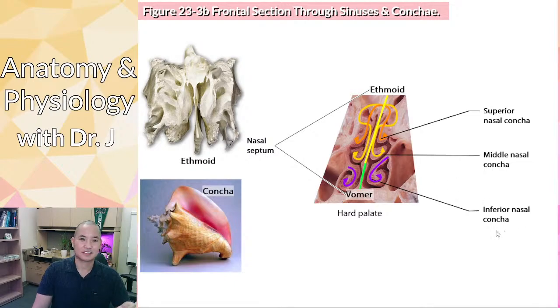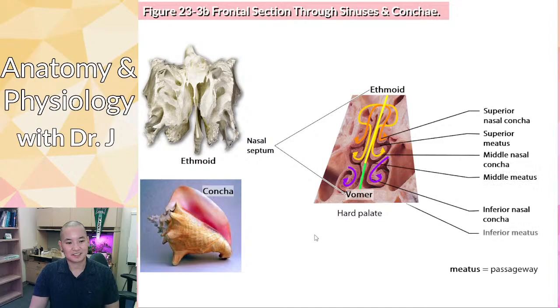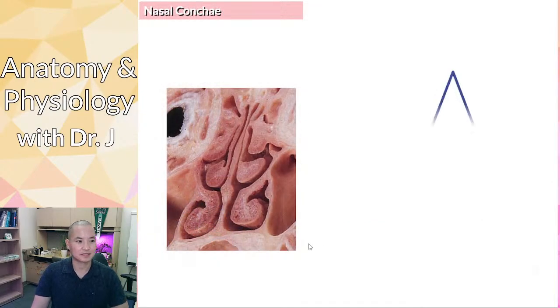Depending on your resource, they might say the conchae are a group by themselves, but some of them are part of the ethmoid, and the inferior is considered in most textbooks by itself. And then you also have the meatuses. We cover this more next semester.